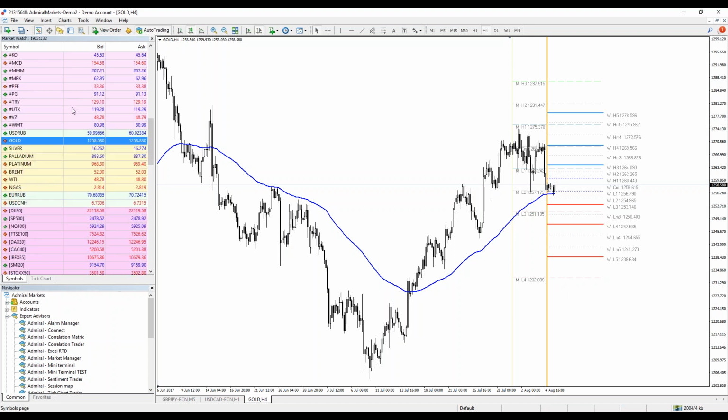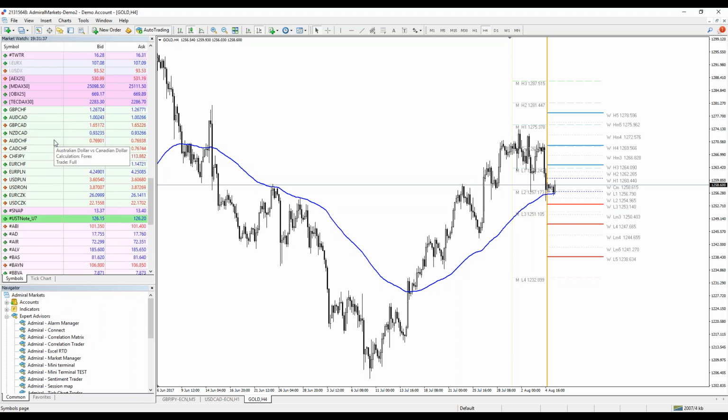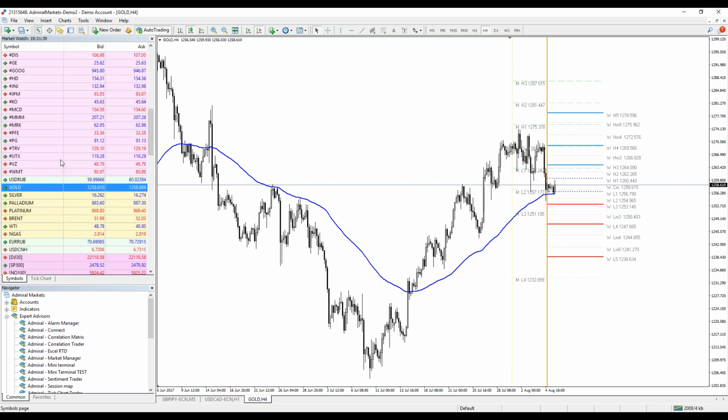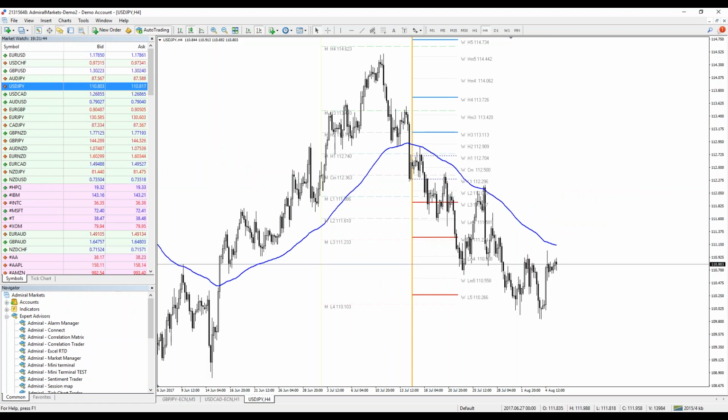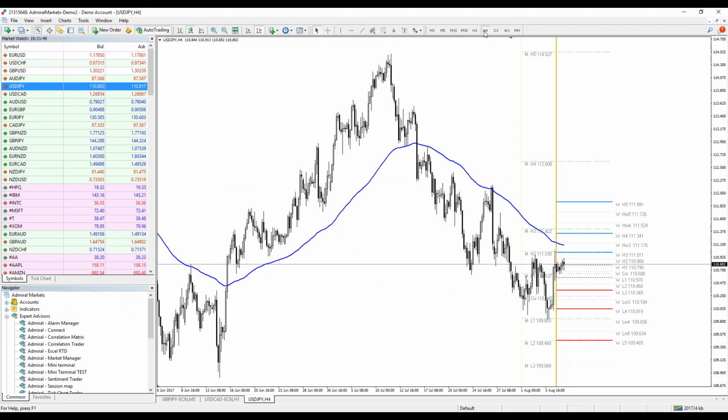Dollar yen. Dollar yen is still in downtrend. Here you can see price is close to weekly H2. So here weekly H3. This is monthly, weekly. 111.011 is the level to go long.